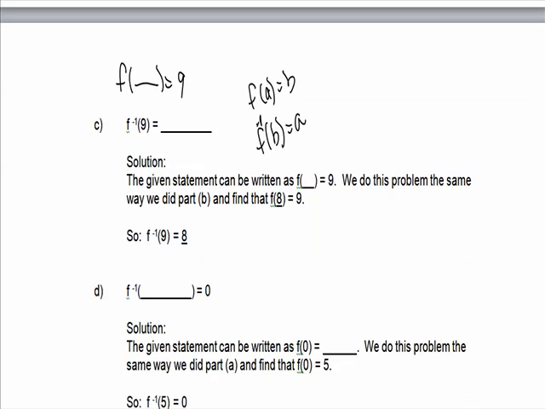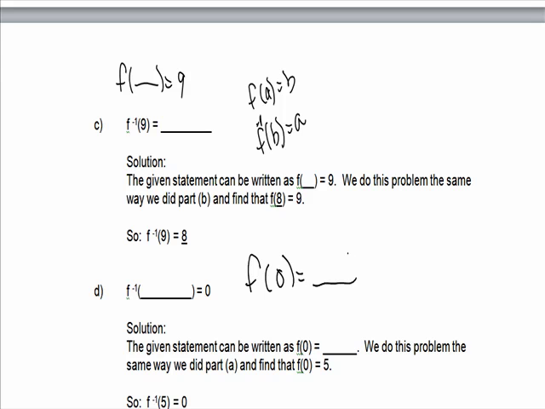What about f inverse of blank is 0? Well, again, I don't work well when the graph is f(x), I don't work well trying to think of f inverse. And so if my graph is f, I convert this back to an f statement. So f inverse of blank is 0 is the same as saying f(0) is equal to blank.